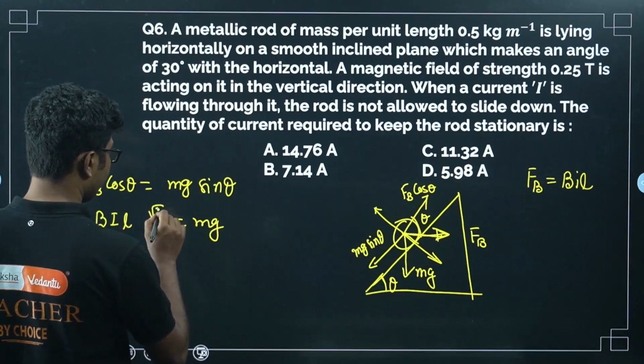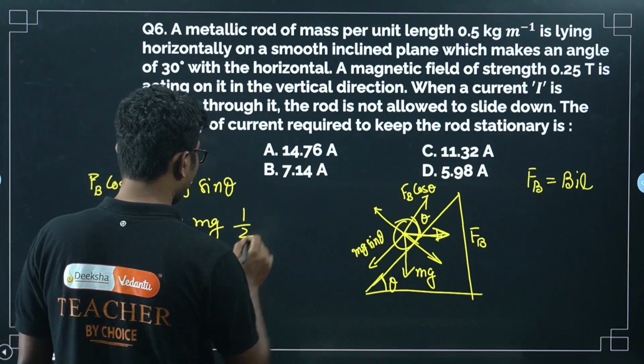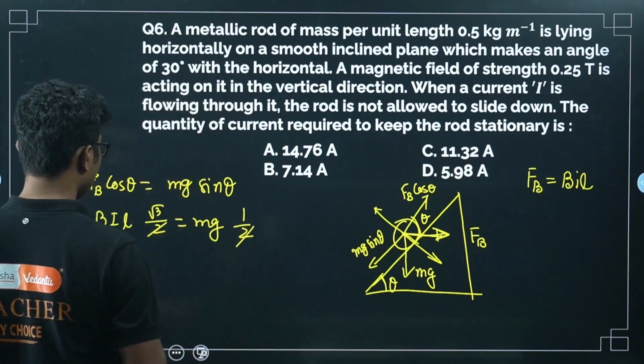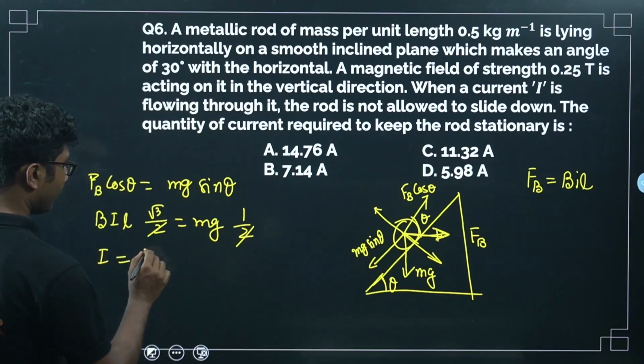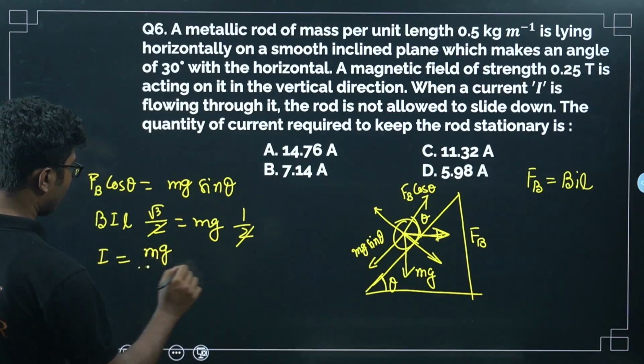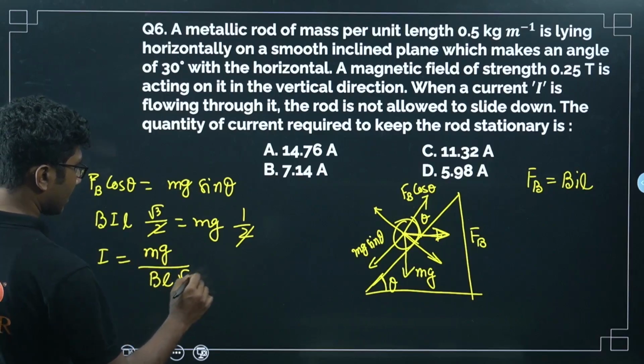Cos 30 is root 3 by 2. mg sin 30, sin 30 is 1 by 2. So 2 cancels. Or we can write that I equals mg by BL root 3.